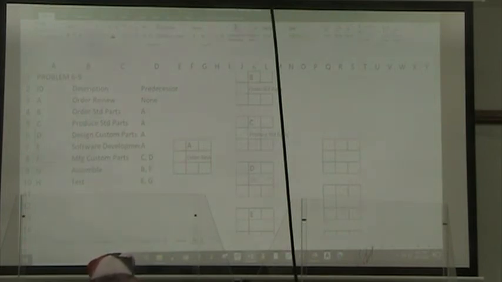Equals, what is D? Design custom parts, and left justify. Equals software development.